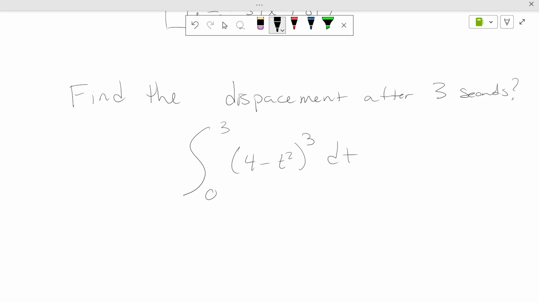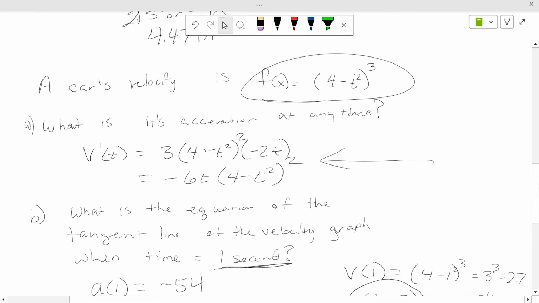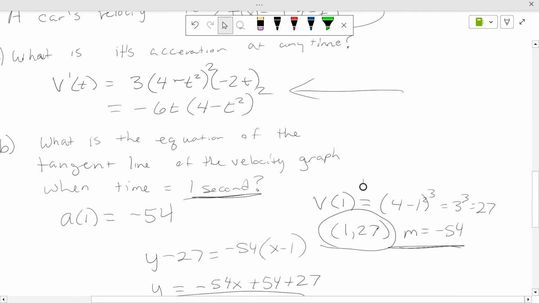Now, if I tried to do this by hand, it would be a mess. That's why we're on the calculator section. Go. 30.771, and then it would be, ooh, I didn't give you meters or anything, but for a car?